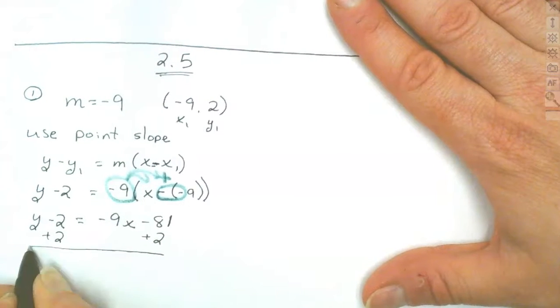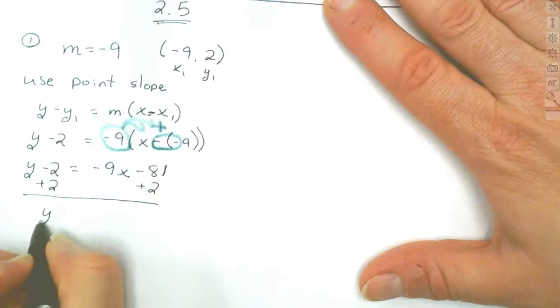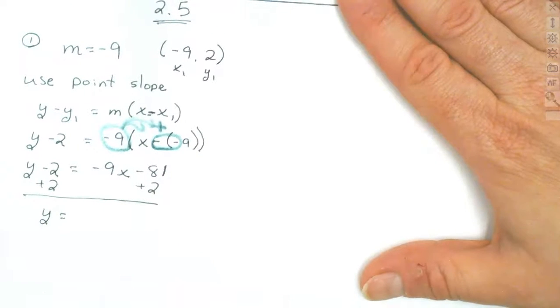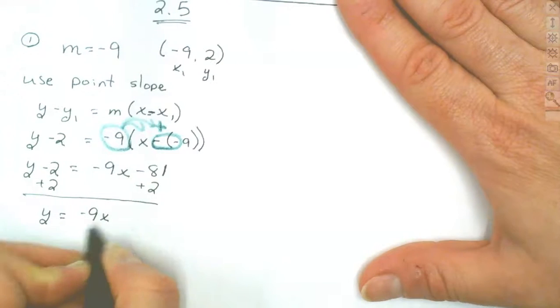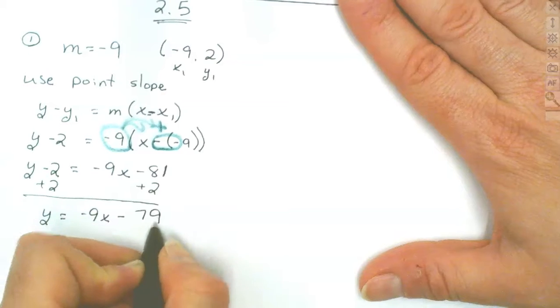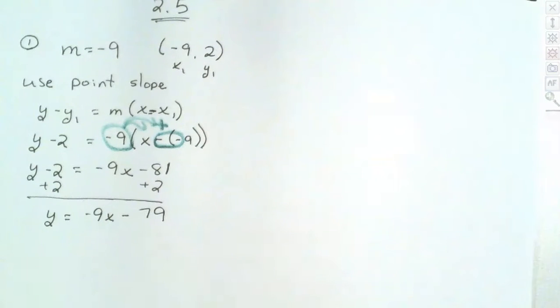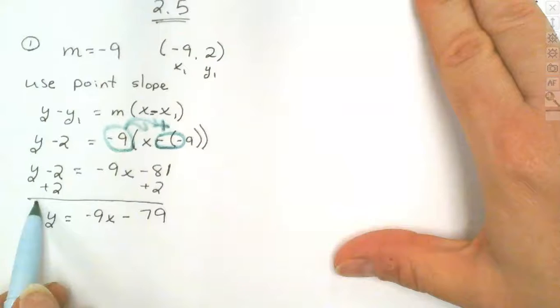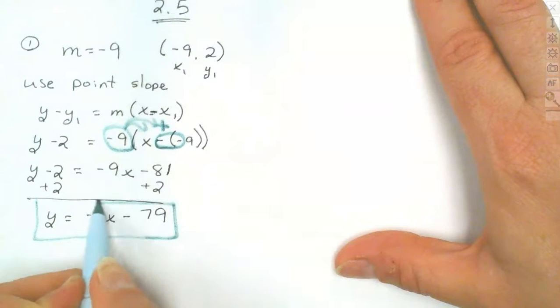And now we've got it, because now we've got our answer in slope-intercept form, which is y equals a minus 9x minus 79. And that is your answer in slope-intercept form.